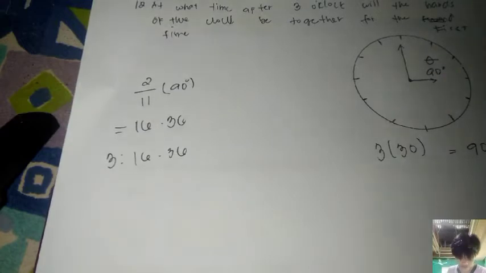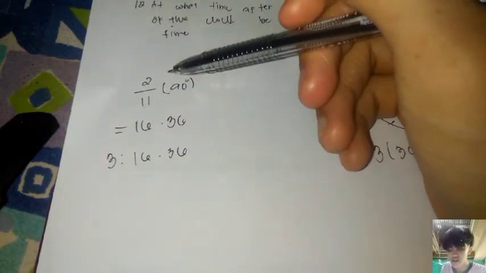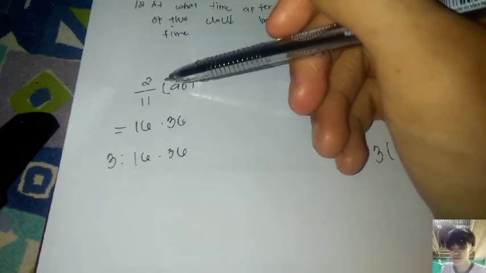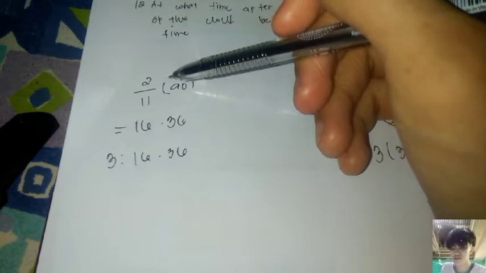So we have here 2 over 11 times 90 degrees. So we have the answer of 16.36. Let's turn it into hours. So we have 3 hours, 16 minutes and 33 seconds. So that's the final.